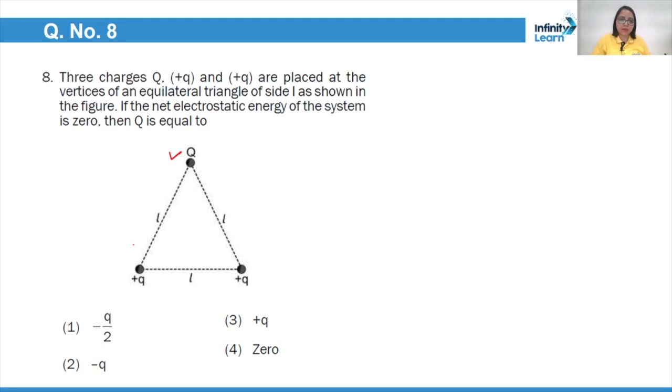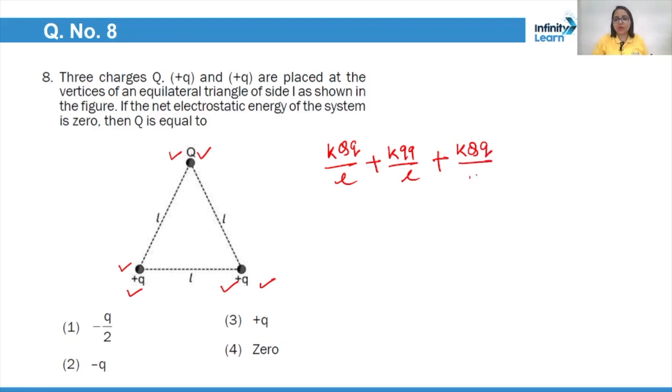Because of this pair, electrostatic energy will be KQq upon L, plus because of this pair, electrostatic energy will be KQq upon L, plus because of this and this pair, electrostatic energy will be Kq square upon L, and the total should be 0. You can write it as 2KQq upon L plus Kq square upon L equals 0.